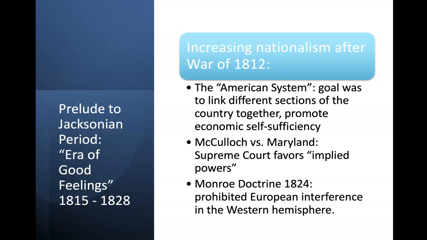The goal here was to connect the country economically, and therefore to promote economic self-sufficiency. You've got to remember something I mentioned a while back, that there was really no definite national economy at the time. You had all these states, you had their separate economies. Even when you look at infrastructure, which is a big part of the American system, by the way, the building of infrastructure.